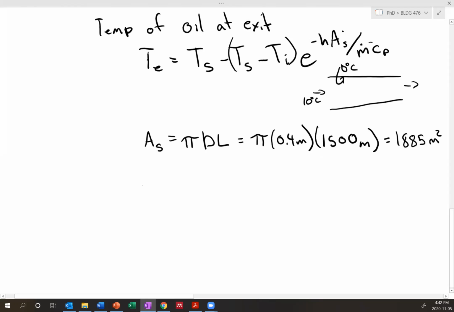Now we need to find m dot, which is our density times our volumetric flow rate, which is our density times the area of our cross section. So I'm going to just write that.